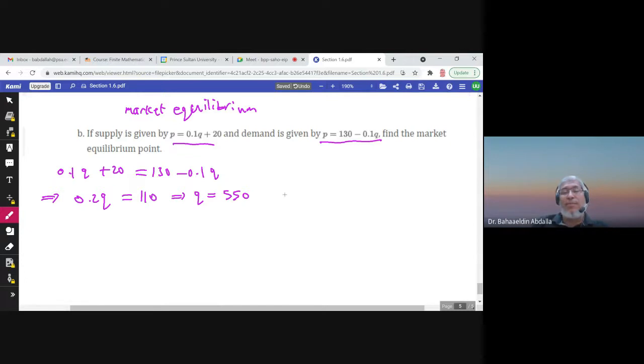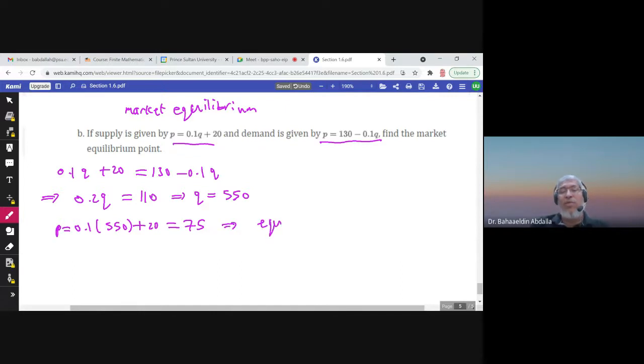And let us find P. Let me use the supply. 0.1 times Q, which is 550, plus 20. So the equilibrium price is 75. If you replace Q in the demand equation by 550, you should also get the same answer.